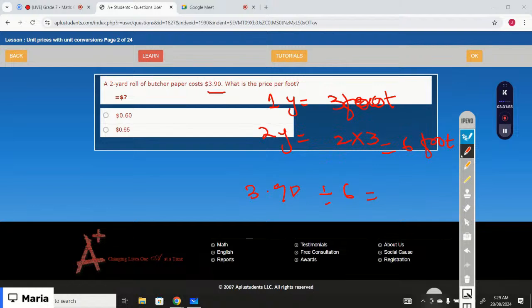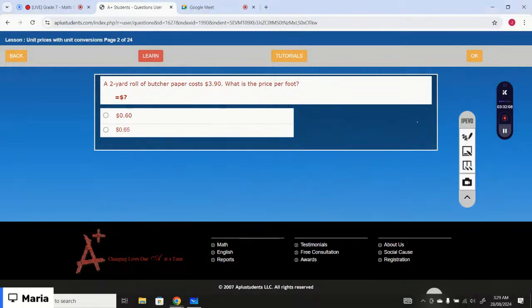So the correct option is option number 2. That is $0.65 is the correct option. That means the price of 1 foot is $0.65.